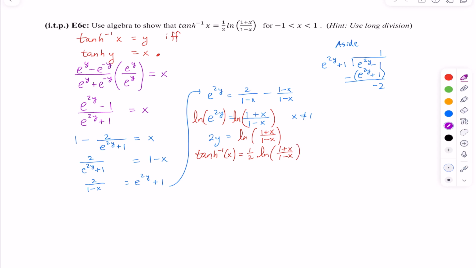Now you got to remember, we need 1 plus x over 1 minus x to be greater than 0 in order to satisfy the domain of a natural log function. Well, how do we do that? We need to test around the intercepts of the polynomial in the numerator, and we need to test around the intercepts of the polynomial in the denominator.